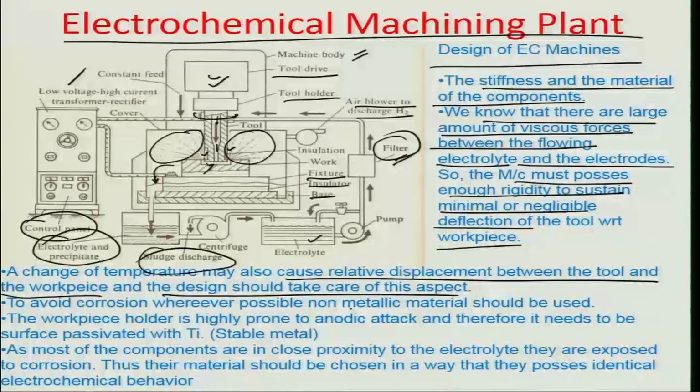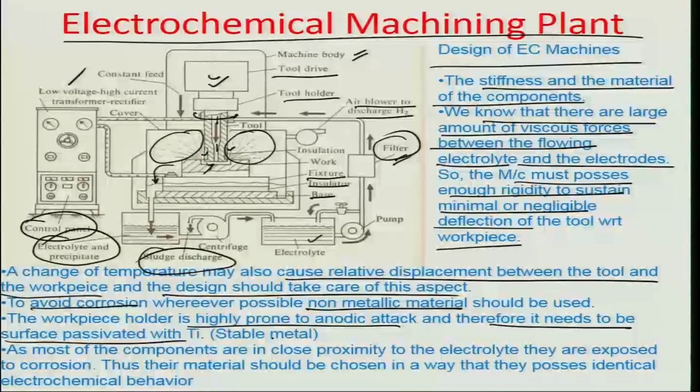Wherever possible, one should use non-metallic materials which are not prone to corrosion. The workpiece holder is highly prone to anodic attack, and therefore it needs to be surface passivated. Titanium is a good material to passivate the surface. It's a stable metal.